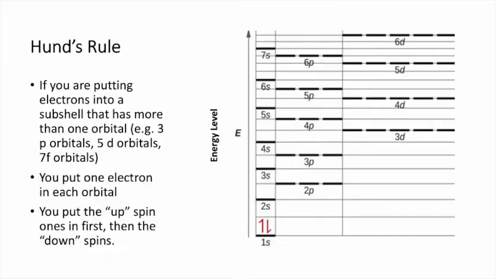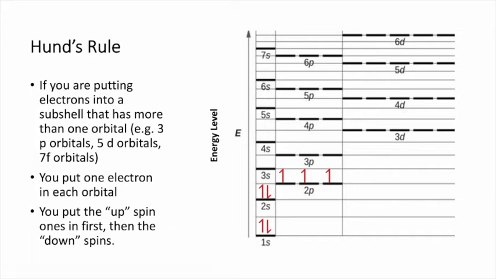So what this is saying, when we get to the p subshell, we have 3 p orbitals in there. Electrons repel each other. They don't like to be near each other. So the atom is going to be much more stable if you can put the electrons in different orbitals with the spins pointing in the same direction. We're not going to double up electrons until we have to.